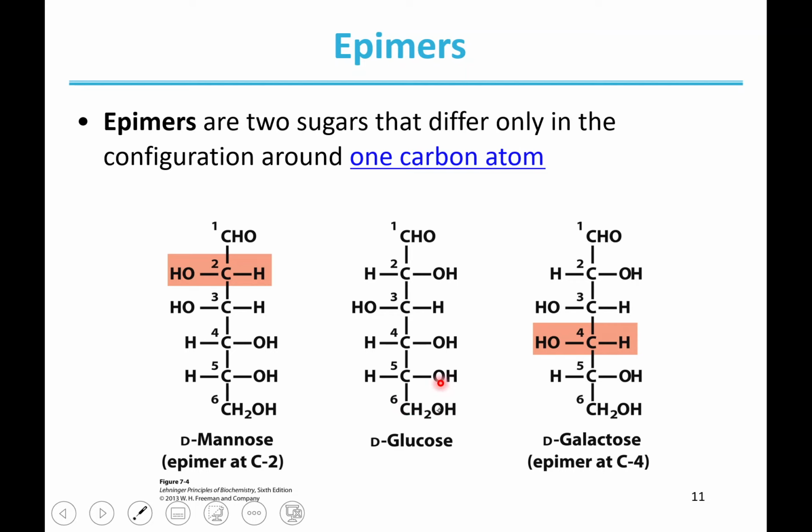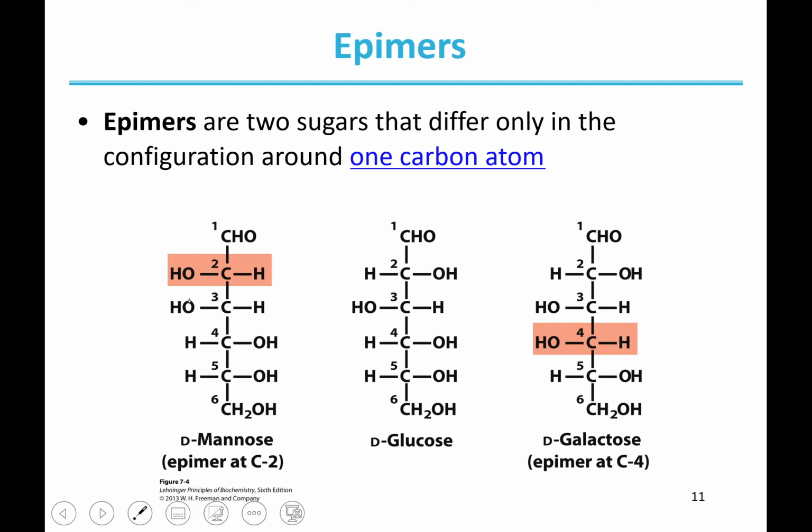So right, left, right, right. Mannose, you can see, has a different pattern. It's left, left, right, right. So these 3 carbons, carbon 3, 4, and 5, follow the same pattern as glucose. It's just carbon 2 that is different. Instead of the OH group being on the right side, the OH group is now on the left side.